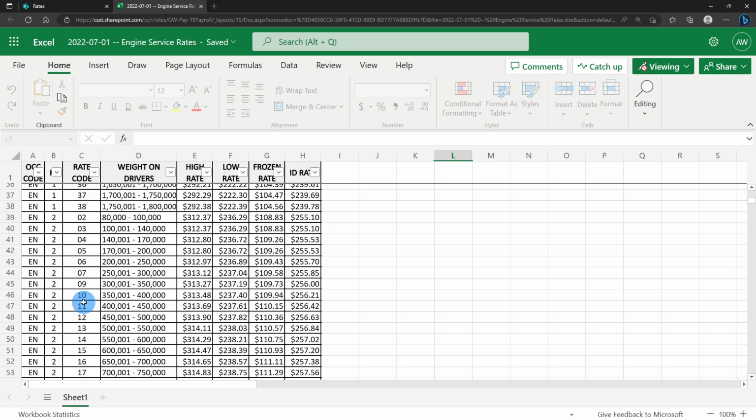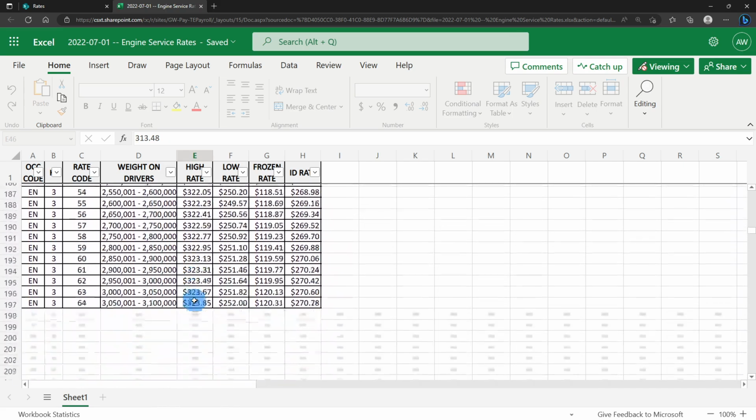And the 211 right here, 211. Here's weight on drivers. You'll have to take the axles of that day times the 67,000 pounds. This 211 right here, that is for a single 6-axle.